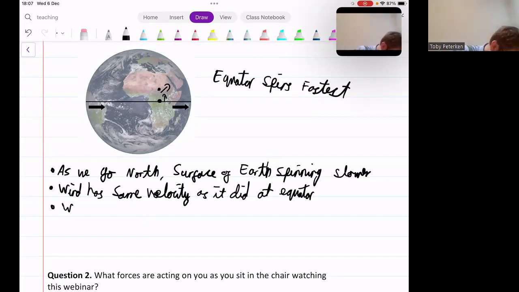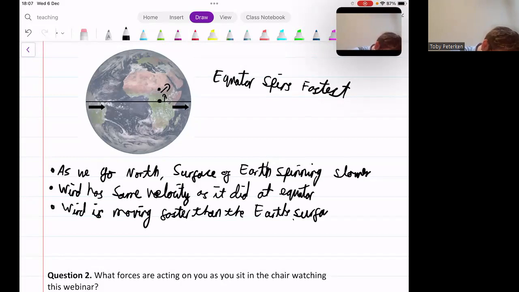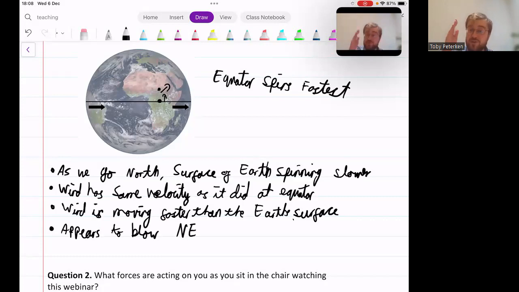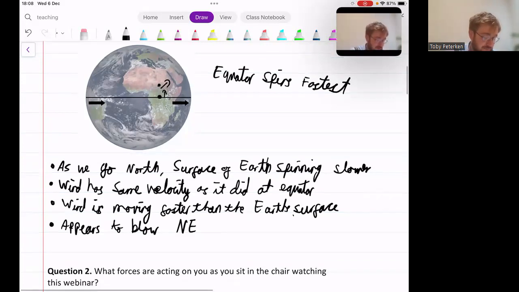And therefore the wind is moving faster than the Earth's surface. So it blows, or appears to blow, kind of northeast. The further up you go, the more east that will appear. And if you just go a little bit up from the equator, it will still essentially be north with a little bit of an easterly wind.